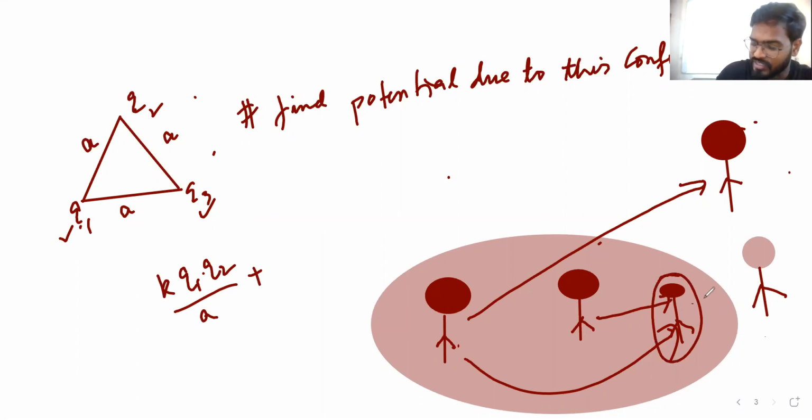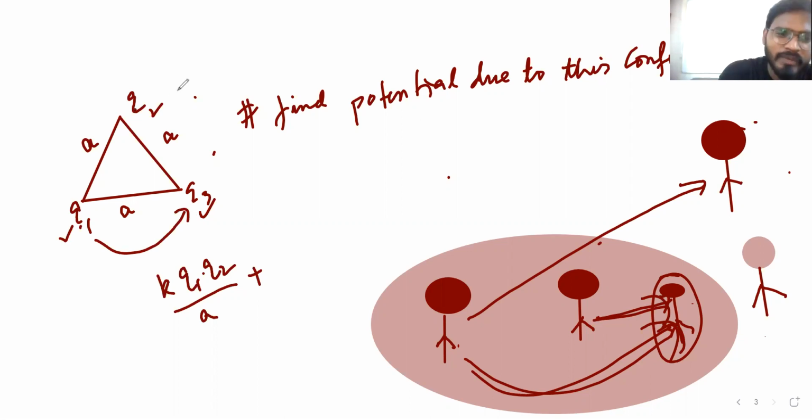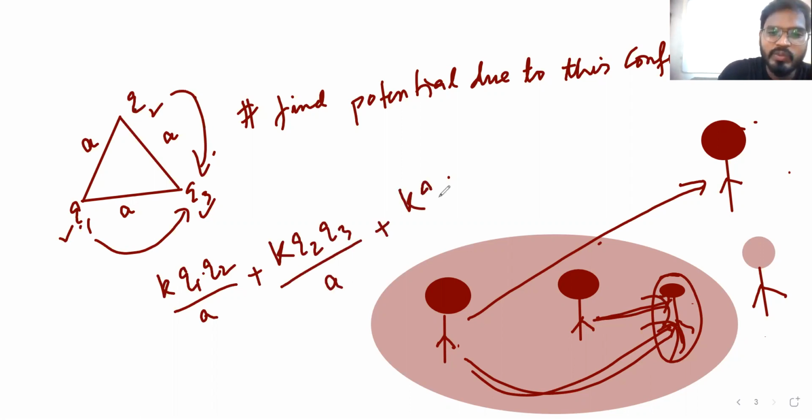The third charge came. So the bigger Don and the smaller Don both will apply potential. Same thing here. He will also apply. So that is KQ2Q3 by A plus KQ1Q3 by A. That is going to be the net potential.